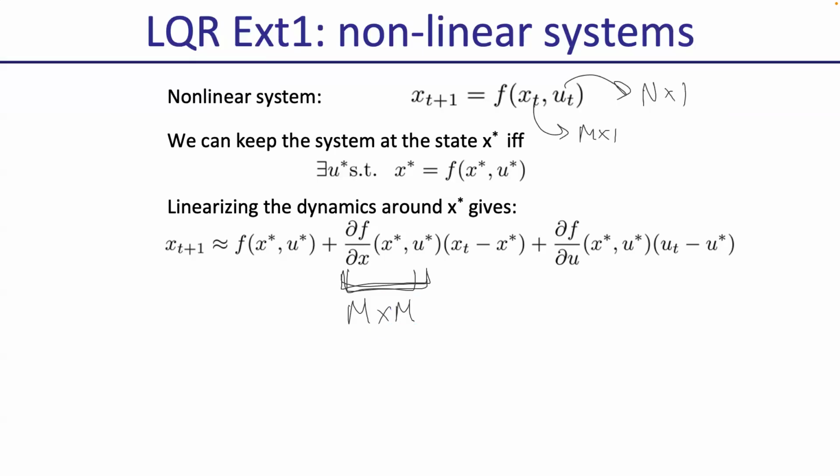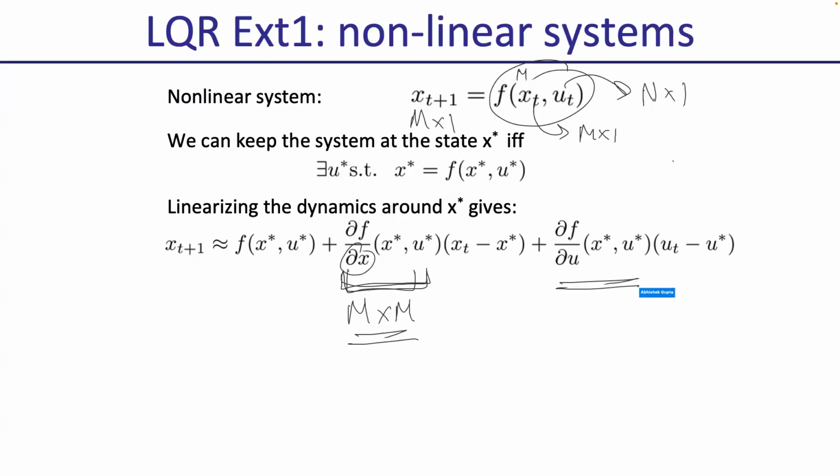Your output is m dimensional, and your derivative is with respect to something that is m dimensional, so it's going to be m by m. Basically f takes in an m by 1 thing and an n by 1 thing, and gives me an m by 1 thing. So if I take the gradient of this with respect to x, it is going to be an m by m matrix.